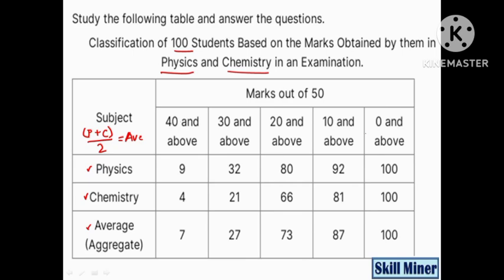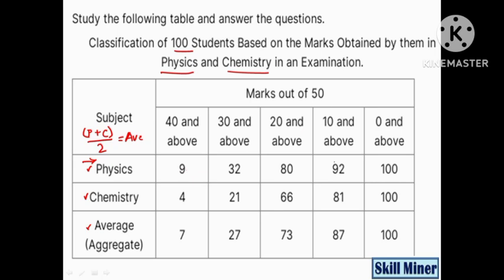Here the split up is given based on the score. If we take the subject physics, every student scored above 0, that is 100 students scored above 0. But 92 students scored above 10. Like that, 9 students scored above 40.